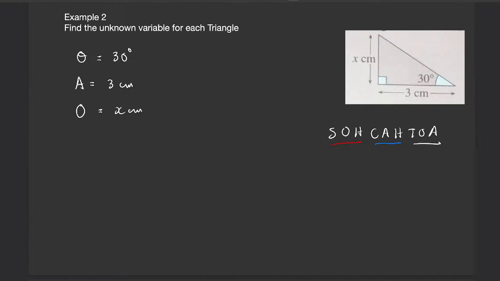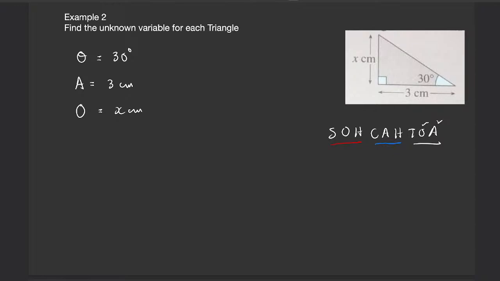Which trigonometric function do I use? Well, in order for me to use sine, I either need my opposite and my hypotenuse, and I don't have my hypotenuse. So of course that already cancels out cos because I need my hypotenuse for these. If I have my adjacent and hypotenuse, I can use cos. I don't have my hypotenuse, so I'm only left with tan, and I need my opposite and my adjacent, and I see this is exactly what I have.